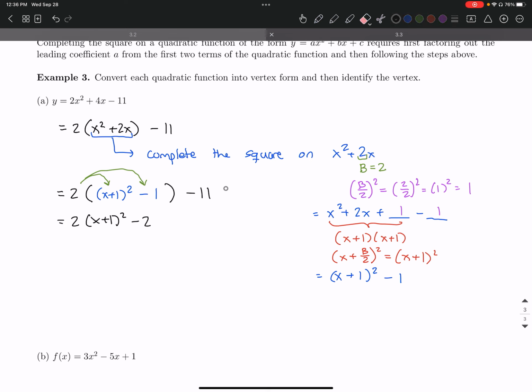This minus 11 is outside the parentheses, so the 2 doesn't affect it, but it still needs to come along for the ride. Our final step then is to combine the minus 2 and minus 11 to get minus 13, and hence we're going to get 2 times x plus 1 quantity squared minus 13 as our vertex form.